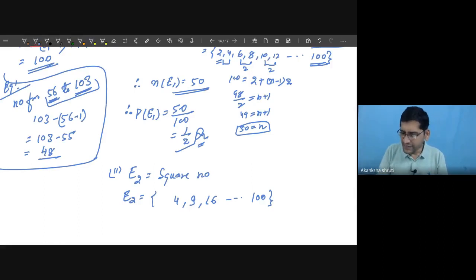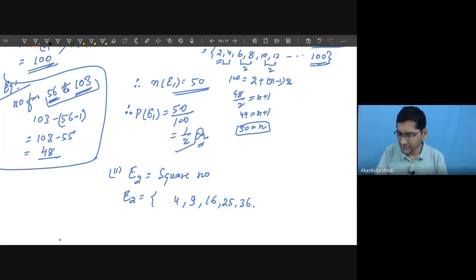So how many such numbers are there? Though it is the simpler one, you can count it, or even by observing you can get it. So let me write all those numbers. The next ones are 25, 36. How long shall I go? Under root of 100, up to that much we shall go. Means maximum up to 10 square we shall search.